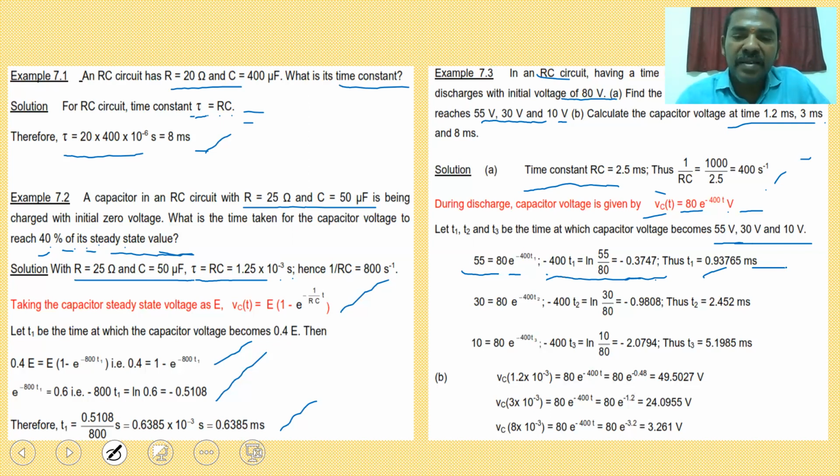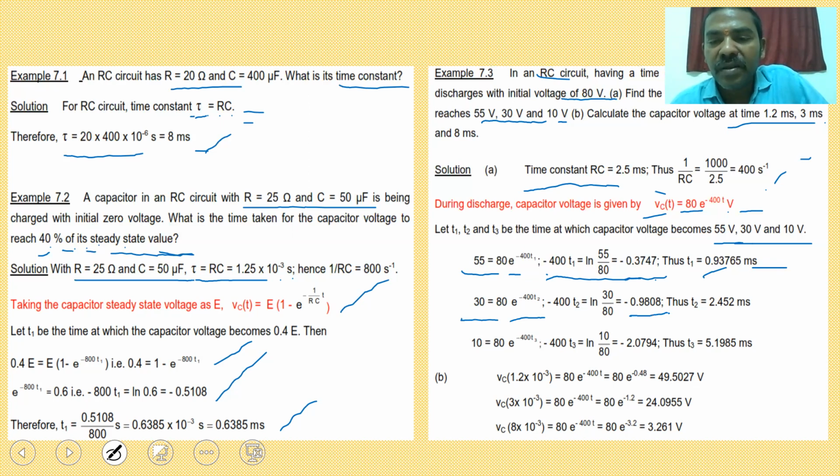Using the basic equation, substitute Vc, the voltage drop across the capacitor, equal to 30. So 30 is equal to 80 into e power minus 400 T. So minus 400 T2 is equal to ln of 30 by 80, which we get as minus 0.9808.